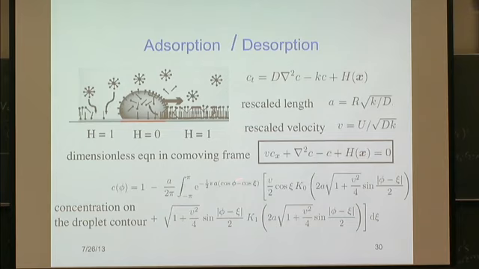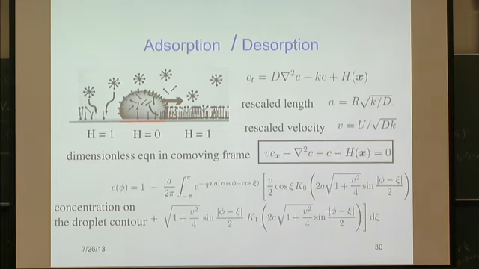Expressing the concentration, we just compute the integral kernel of this and compute the concentration on the contour of this drop. You see, this is a long formula with Bessel function, and this is the integral.